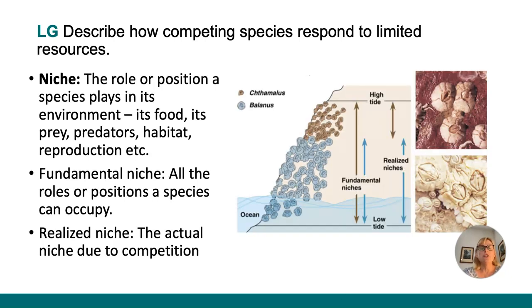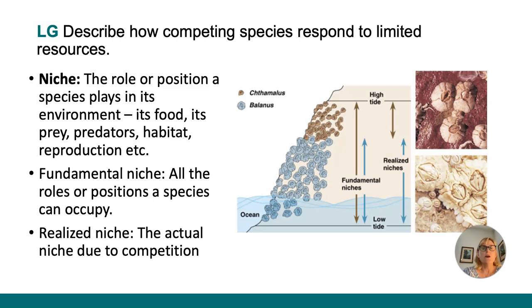We also have the definition of a niche. A niche can be a lot of things, but it's the role or the position a species plays in an environment. What does it eat? What are its predators that eat it? What kind of habitat does it live in? How does it reproduce?